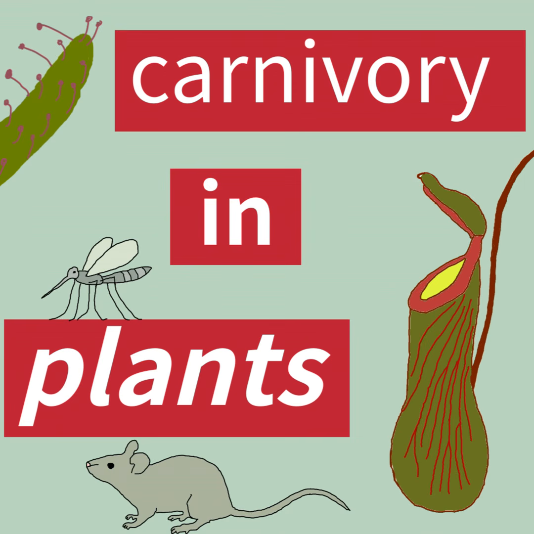And the fluid within the pitcher is not just any fluid, it's a bit viscous and it's quite acidic, and it reduces the ability for the insect to escape, but also it kills it faster, and the acidity provides a good environment for the enzymes to work. So you can think the pH is actually quite low, it's quite acidic, so pH 2 to 3, which provides an optimum environment for those enzymes to function.